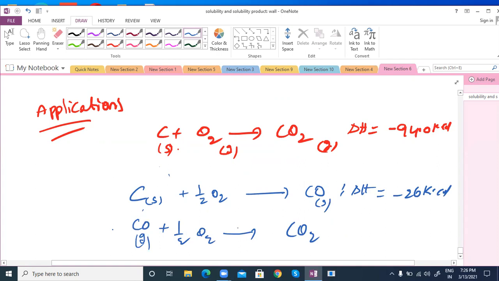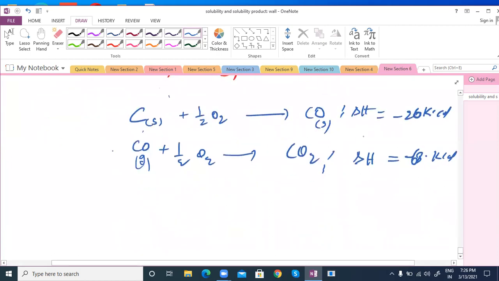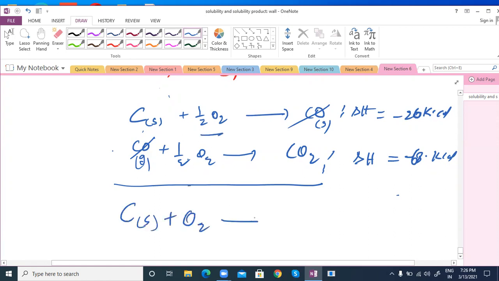Here they give minus 68 kilocalories per mole. So you can add these two steps' energies. By adding these reactions, I can cancel CO with CO, then you get half O2 plus half O2, nothing but one O2, giving rise to CO2.